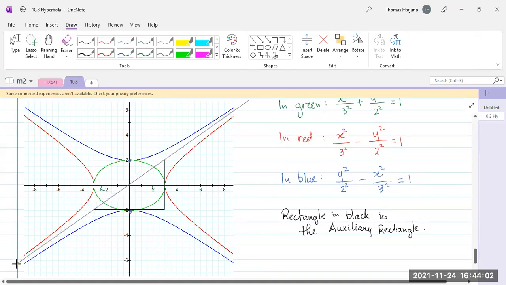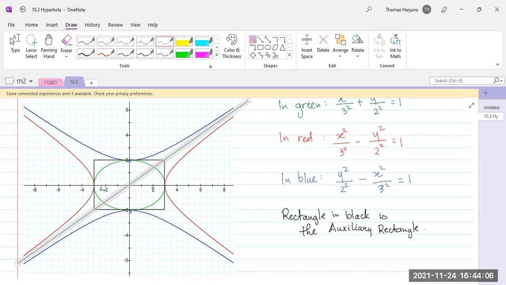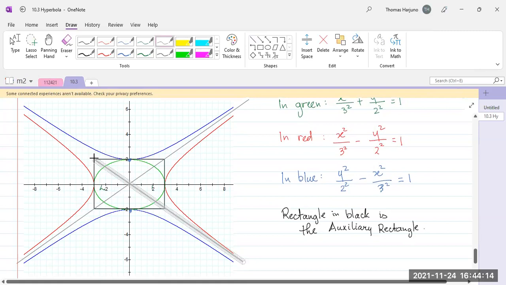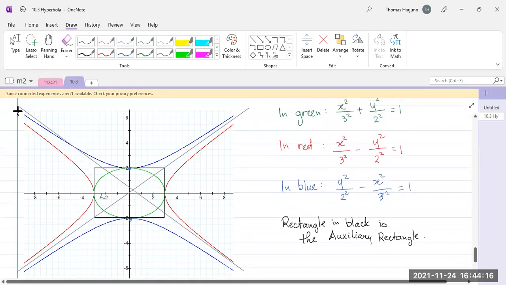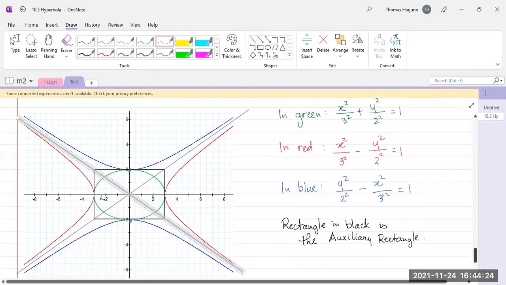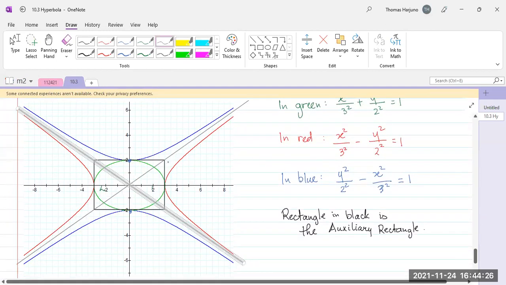This is one asymptote, and this is the other asymptote. You see that the asymptotes always pass the diagonal vertices of the rectangle.